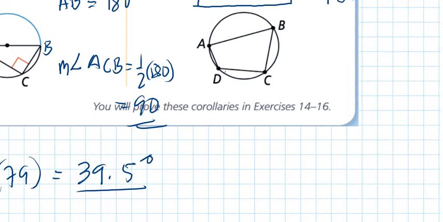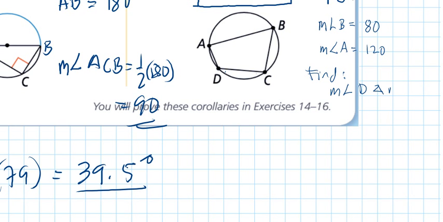Let's say the measurement of angle B is equal to 80, and the measurement of angle A is equal to 120. Find the measurement of angle D and the measurement of angle C.